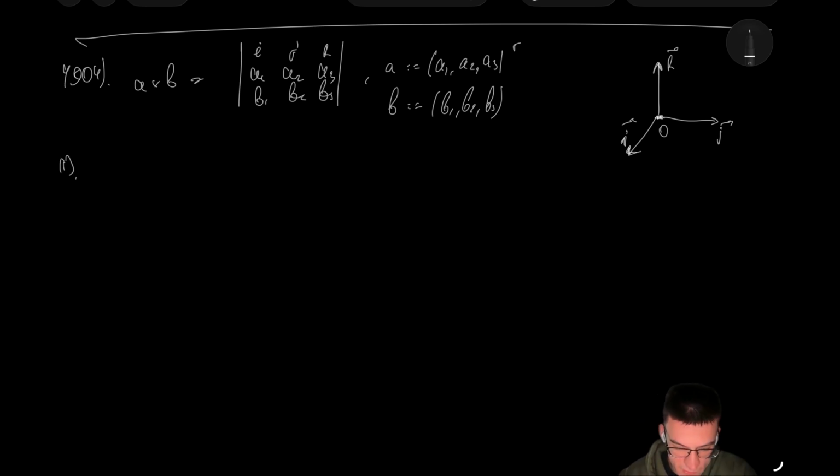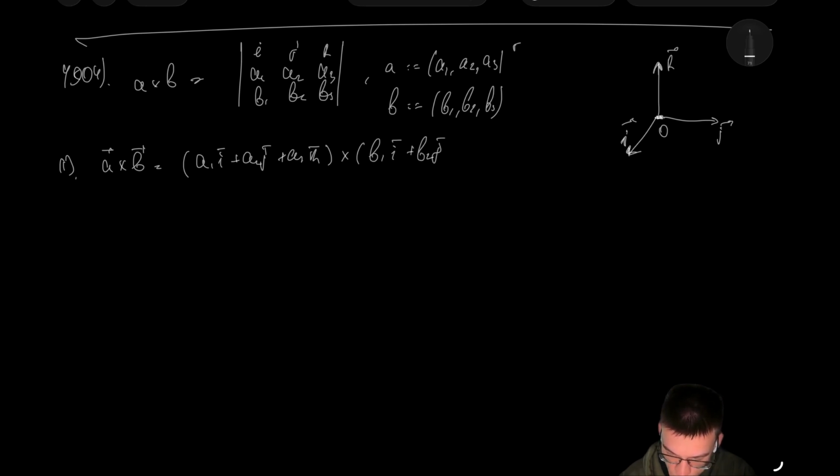In order to find this, I'm going to represent this vector product as the product of their vector decompositions into the corresponding basis vectors, which is a1 i plus a2 j plus a3 r, cross product b1 i plus b2 j plus b3 r.